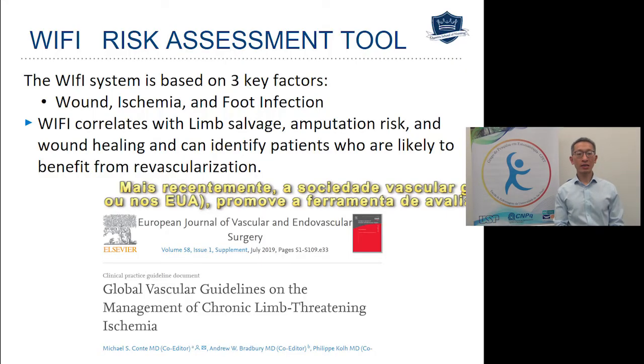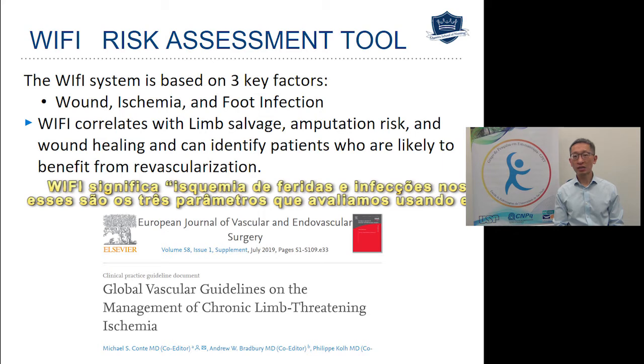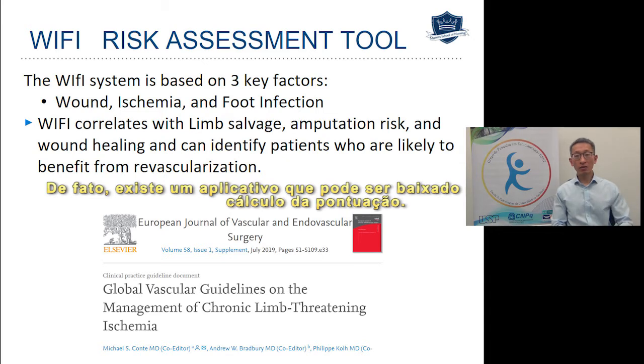And more recently, the vascular societies across the globe, whether European or in the United States, promote the WIfI risk assessment tool. WIfI stands for wound, ischemia, and foot infection, because those are the 3 parameters that we evaluate using this tool. In fact, there is a downloadable app to facilitate the calculation of the score.